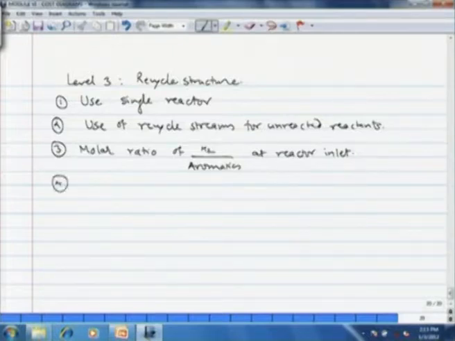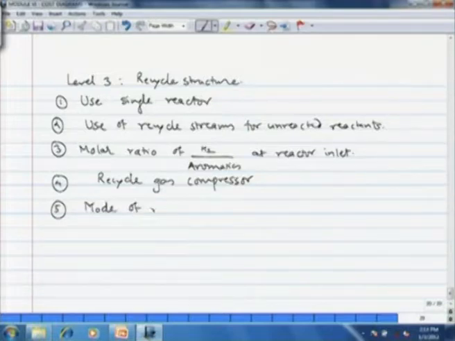Then fourth decision, the recycle gas compressor. Then fifth decision, the mode of reactor operation, whether to go for adiabatic or isothermal. Then finally, the equilibrium constraints.